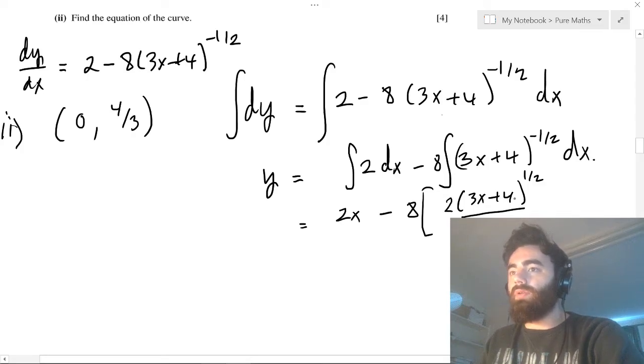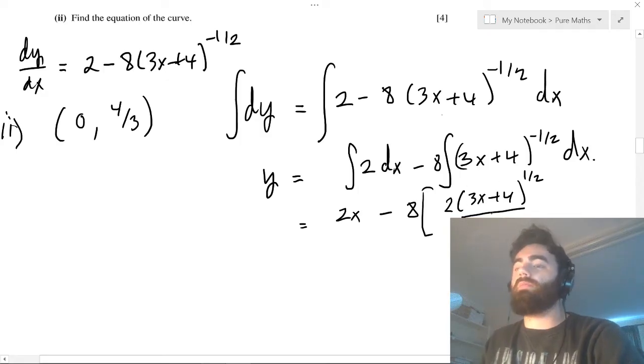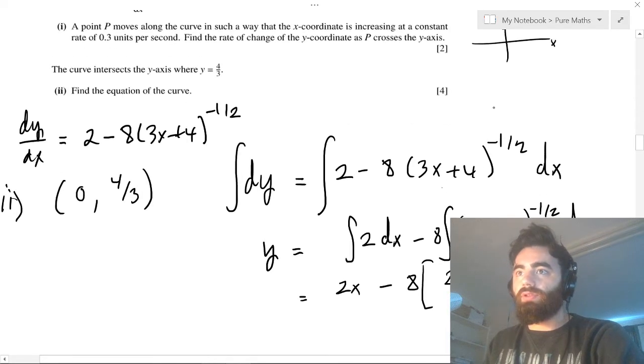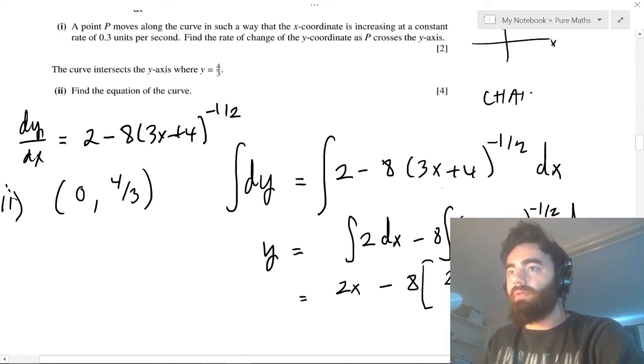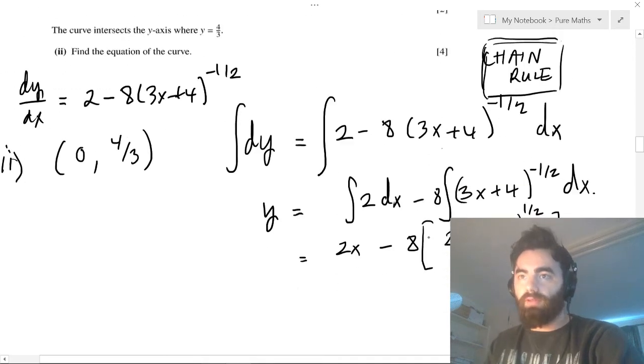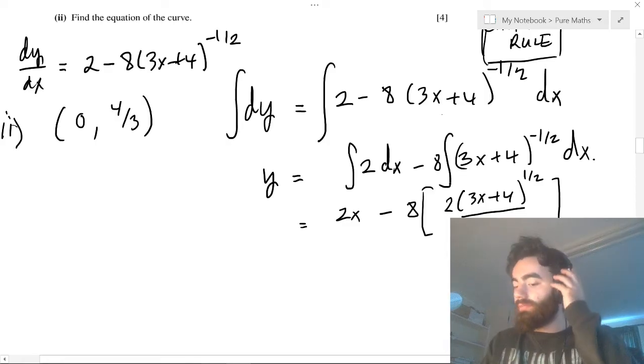And then you also divide by whatever's in the brackets differentiated, which in this case is just 3. If you don't know why that is, just look up the chain rule. The chain rule is really important. It's very fundamental to a lot of this stuff and why we differentiate how we do, basically.